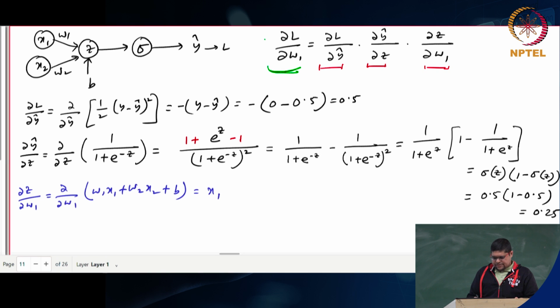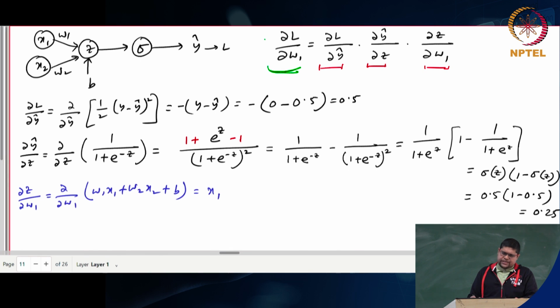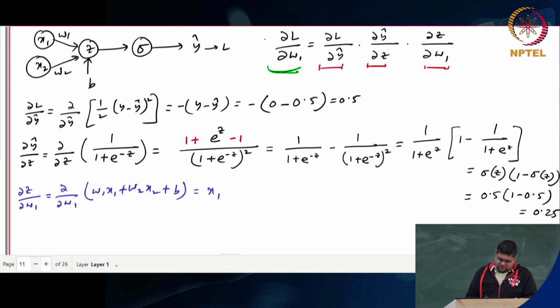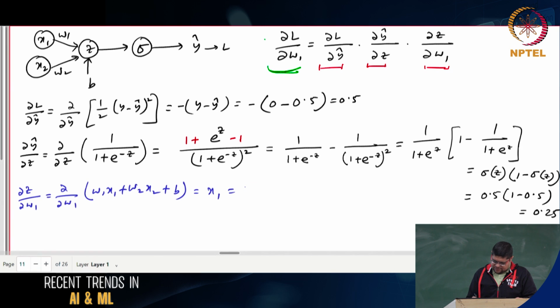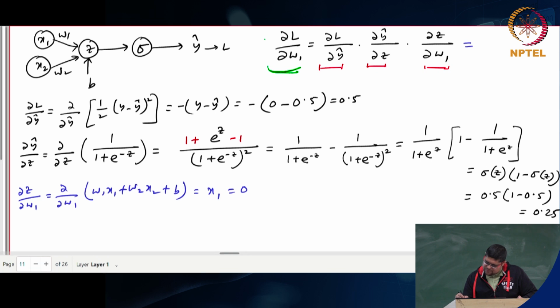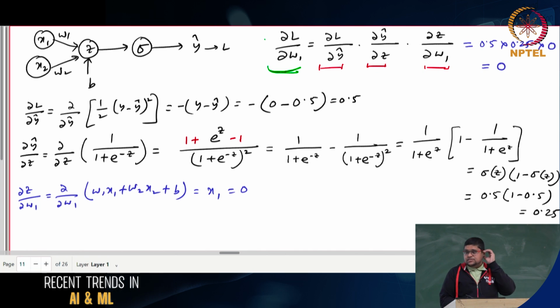So here we will get x1. What is our x1? Where are we getting it from? We have taken x1 as 0, right? Now if I put these values, 0.5 into 0.25 into 0, altogether it comes to 0.